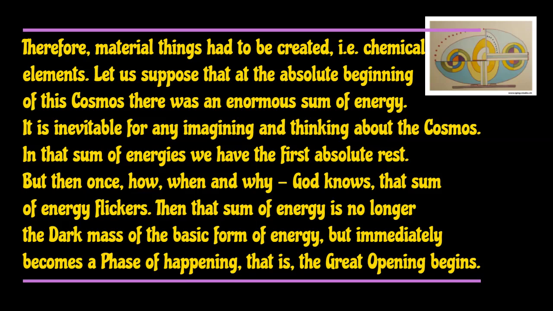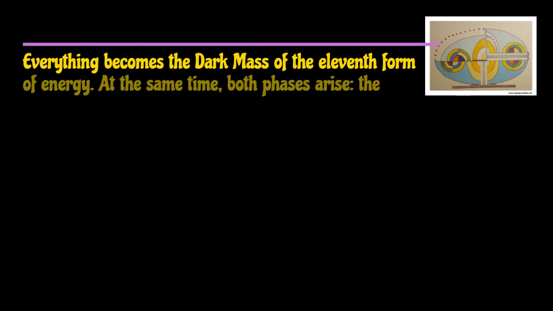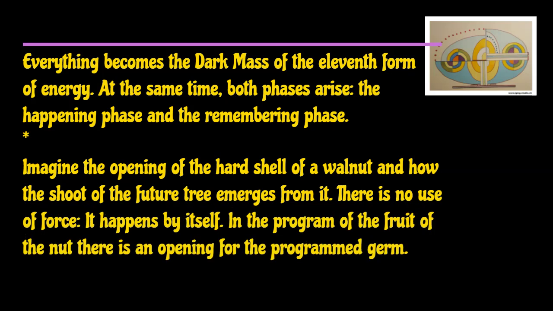But then once, how, when and why, God knows, that sum of energy flickers. Then that sum of energy is no longer the dark mass of the basic form of energy, but immediately becomes a phase of happening, that is, the great opening begins. Everything becomes the dark mass of the 11th form of energy.